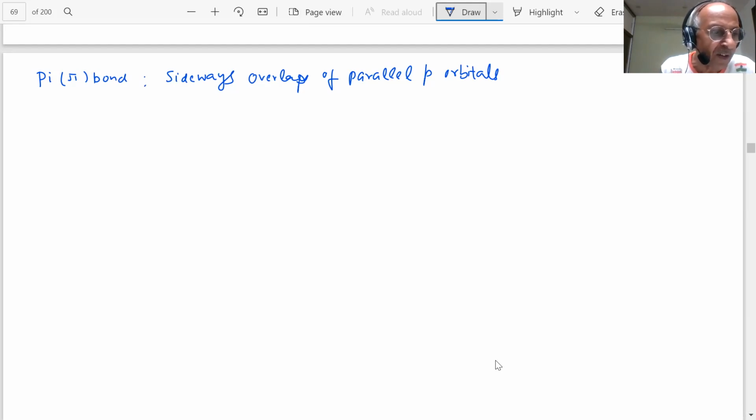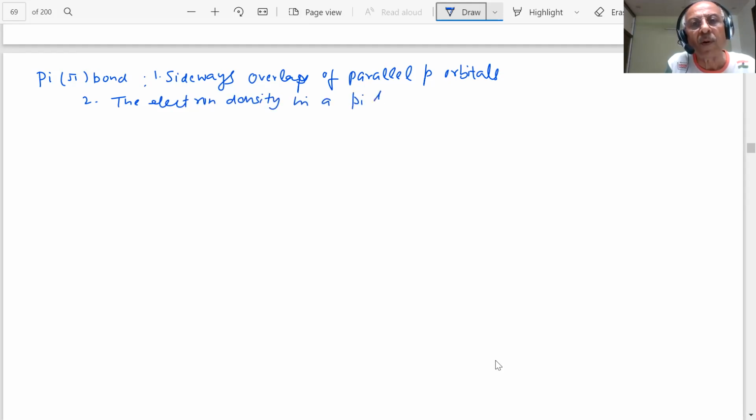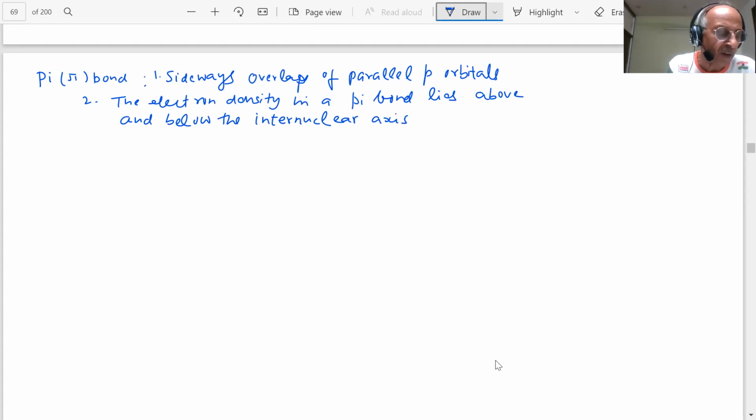The electron density in a pi bond lies above and below the internuclear axis. You have two nuclei along the internuclear axis.